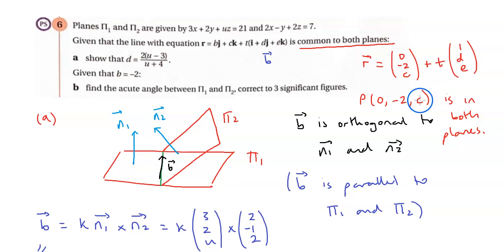So that allows us to find c using the equation of the second plane. We have 2 times 0 minus negative 2, so plus 2, and then plus 2 times c is equal to 7. So that means that c is equal to 2.5.